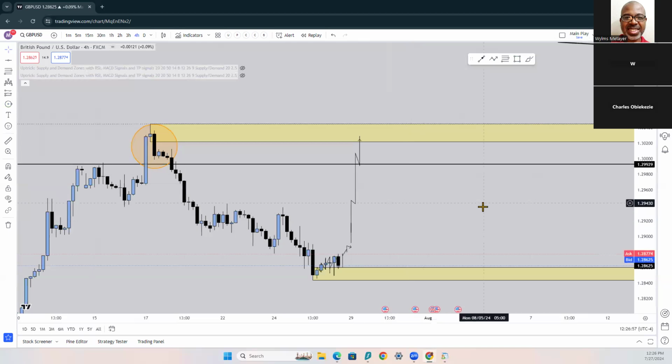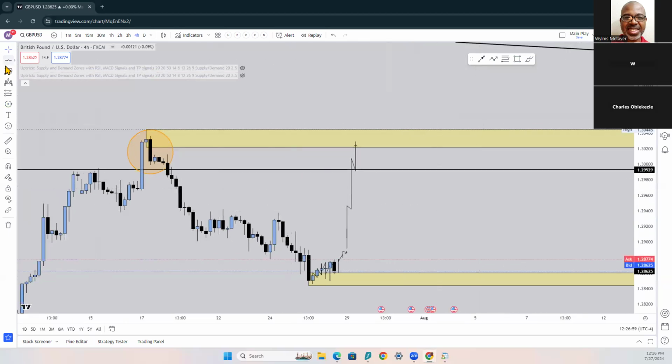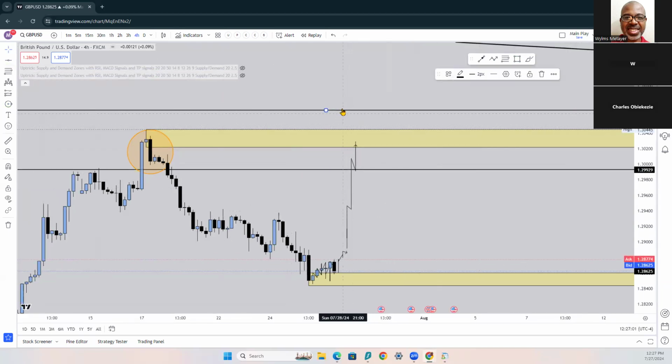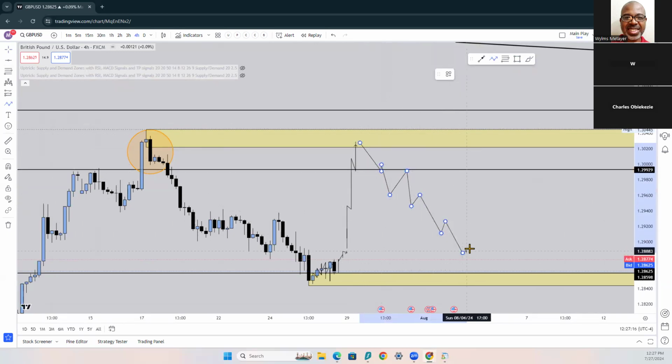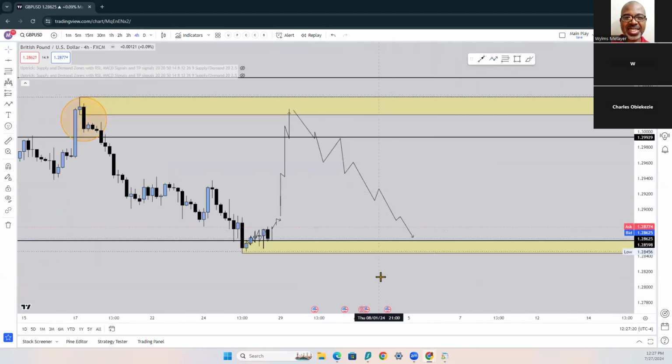And then we set our stop loss above, a couple of pips above, and we set our take profit back down here. So we wanted to journey right back down to the zone, right? That's why we only trade within these two zones, supply and demand zones.